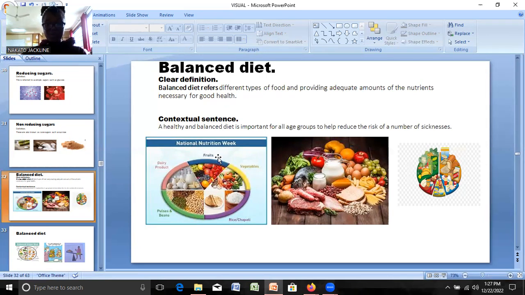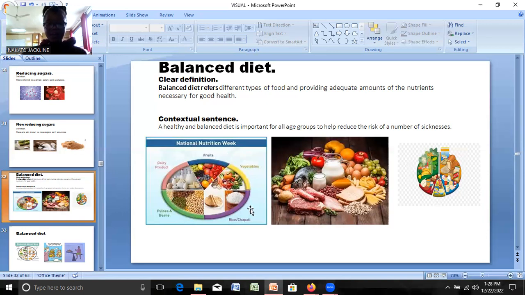For example, fruits, you have some vegetables, you have some rice, or carbohydrates, for example, chapati, rice. Another thing are the dairy products, for example, milk. The cereals are all beans or peas. Those are also part of the balanced diet.